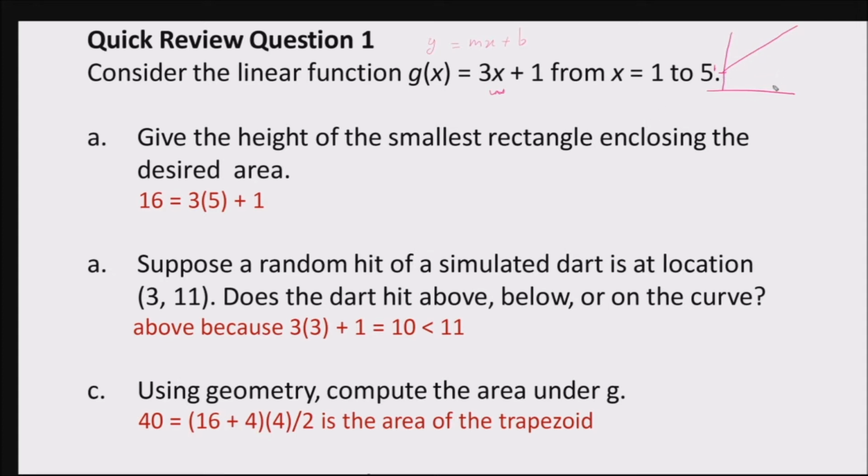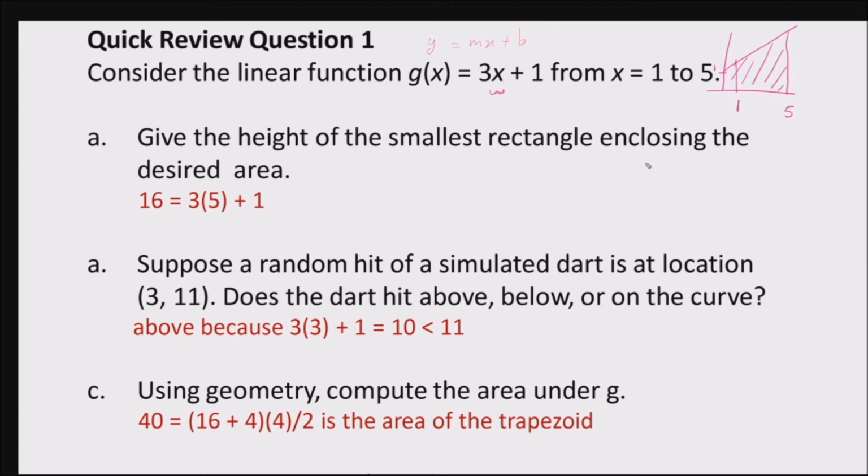And I'm taking the values from 1, so one of my x values is here. That is my starting point, and then I'm taking it up to 5, which is somewhere here. So that is my area, the area of my graph that I'm going to calculate.